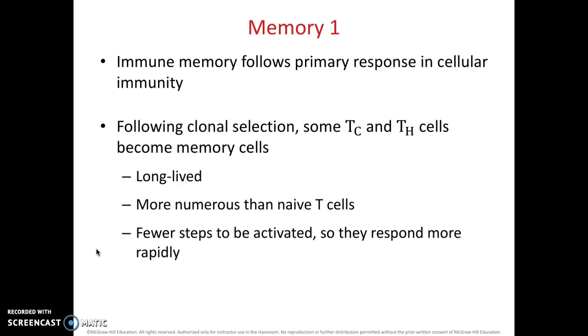And these are very, very long-lived. These are up to decades. And they're more numerous than naive T cells, which haven't been exposed to an antigen before. So this means that there are fewer steps for them to be activated so they can respond more rapidly. And this is, again, what's going on when you get a vaccination or if you're exposed to the same pathogen again.